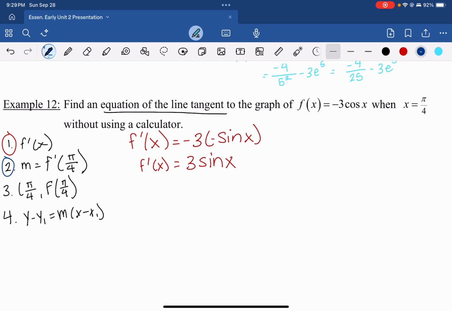So we need to plug in pi fourths. So our slope is equal to f prime at pi fourths. Okay. So 3 sine of pi fourths. Okay, sine of pi fourths is 1 over the square root of 2. So I can simplify this as 3 over the square root of 2. So now we have our slope.